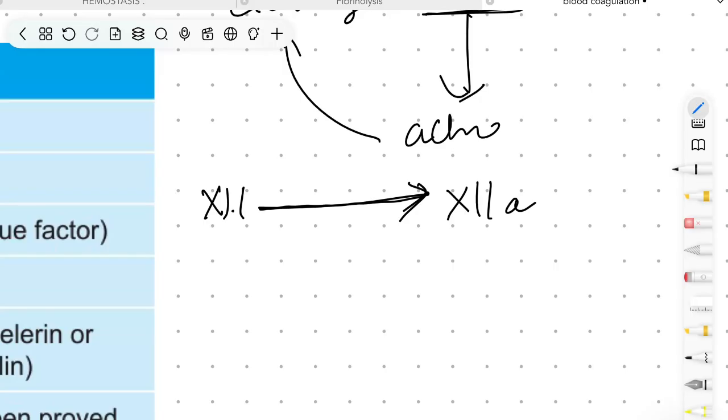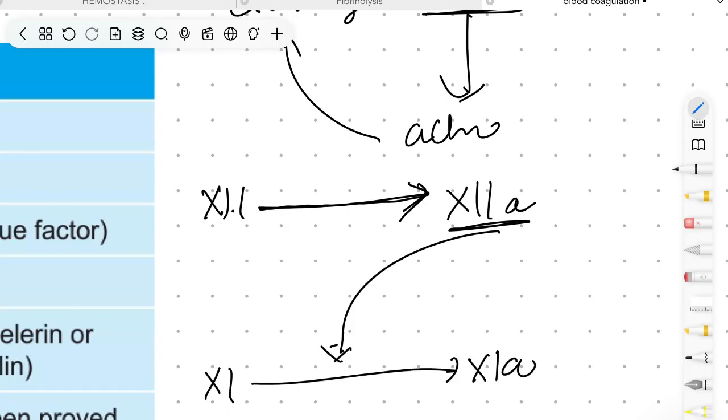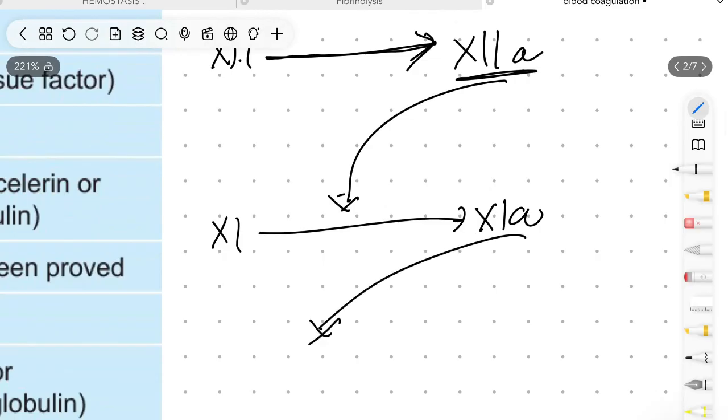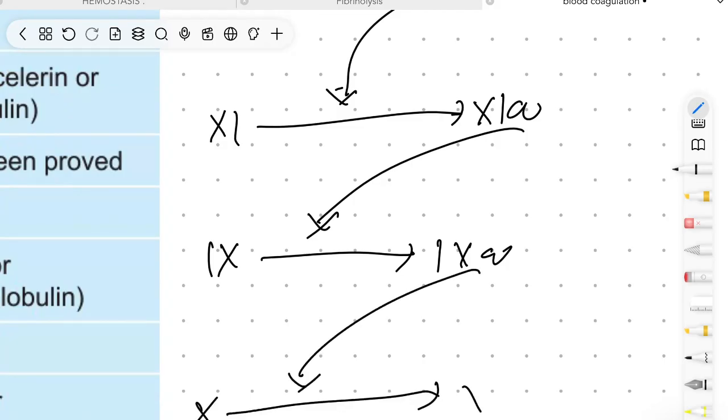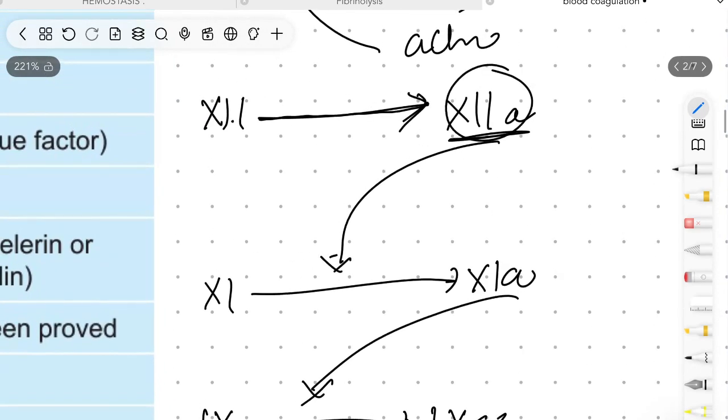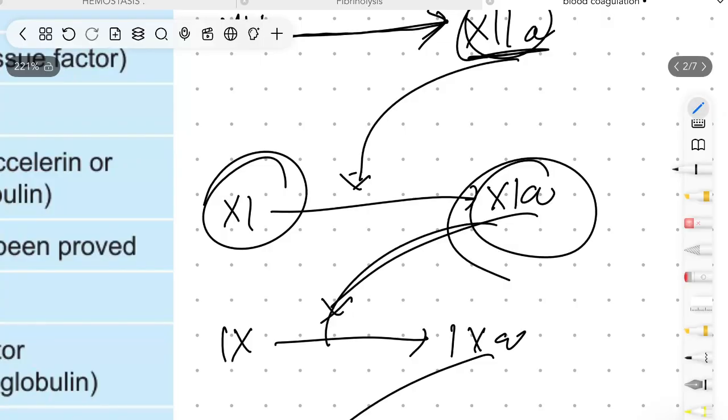Now in turn, this activated clotting factor activates another clotting factor 11, like this. Again this activates the clotting factor 9. Again this activates the clotting factor 10. So in this process, one clotting factor activates another clotting factor, and again that one activates another.